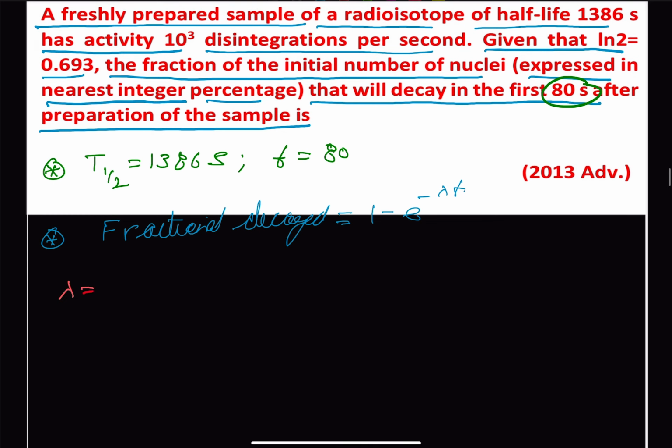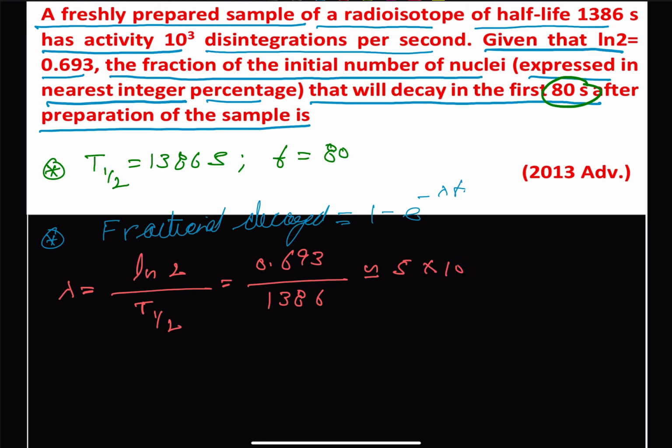Lambda is equal to natural log of 2 over T half, which gives us 0.693 divided by 1386, and this is approximately equal to 5 into 10 to the power minus 4 per second.